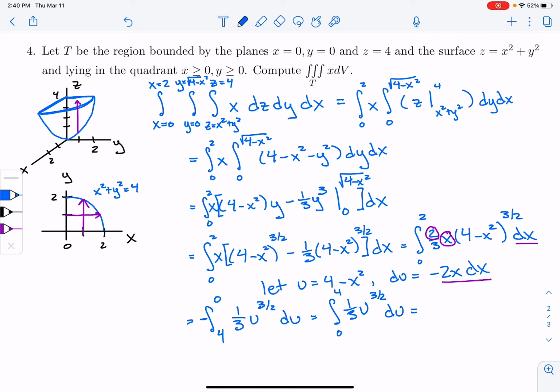And this then becomes integrating u to the 3/2. That's going to be 2/15 u to the 5/2 evaluated between 0 and 4.